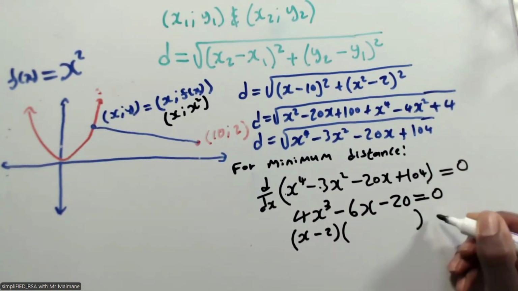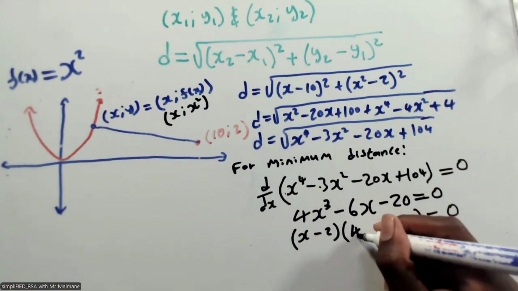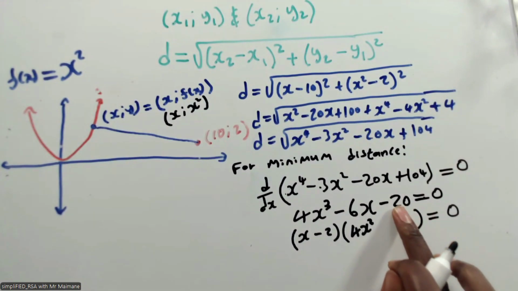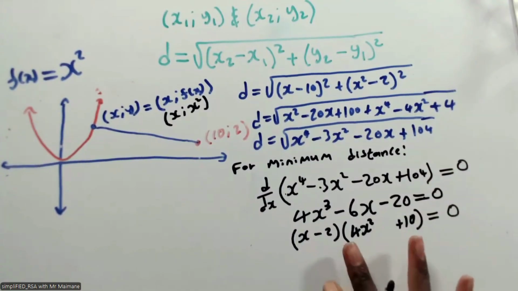And then I have to factorize the remaining part of the whole thing here. Now, for me to get the first term, 4x cubed, I have to multiply x minus 2 by 4x squared. And for me to get minus 20, I have to multiply by plus 10, the factors.